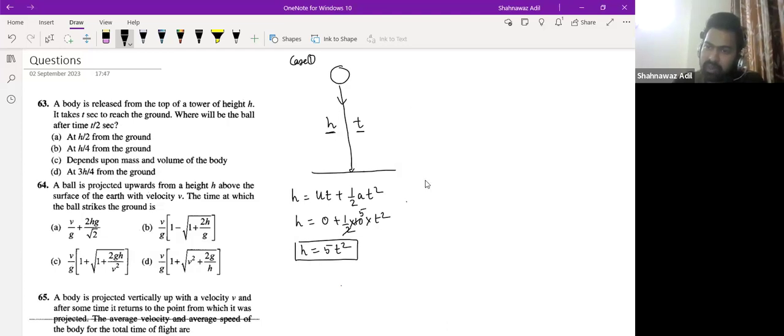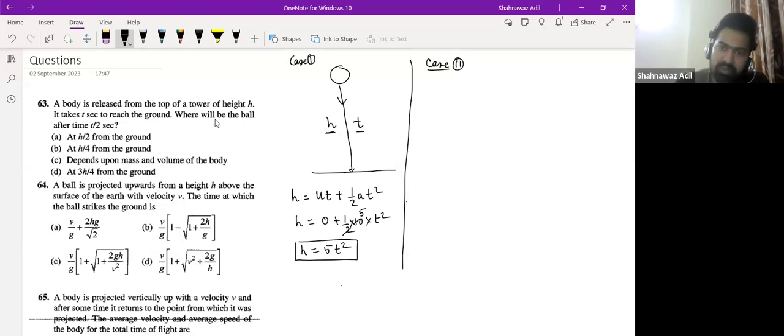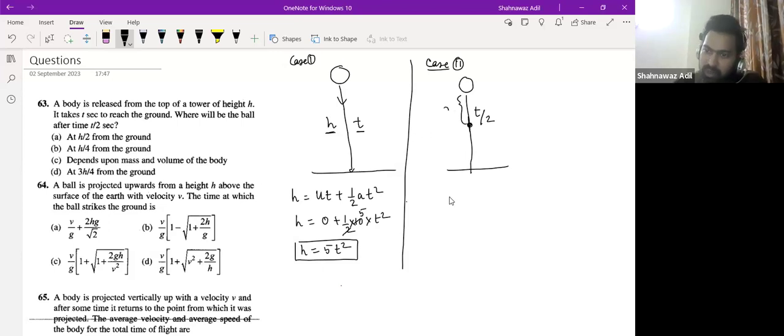Now case 2. We have to find out where the ball will be after time t by 2 seconds. We are dropping this thing, and this is the ground, but let's say time is t by 2, and we don't know this height. Let's say the height at this point is x.